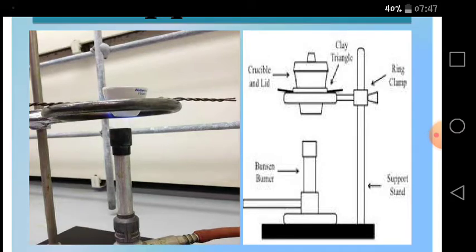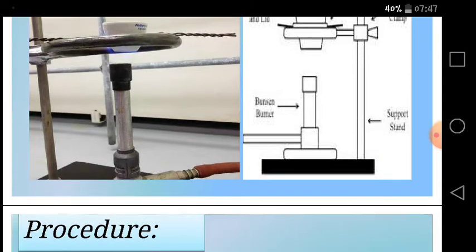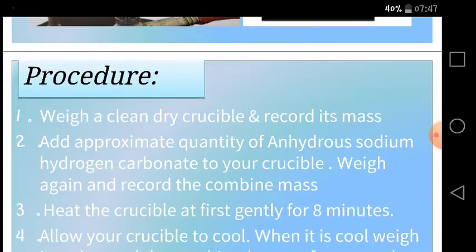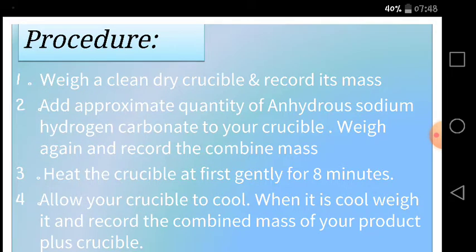So after setting this arrangement of the apparatus, what should we do? We have to go for the procedure. Dear students, we have to weigh a clean dry crucible and record its mass.